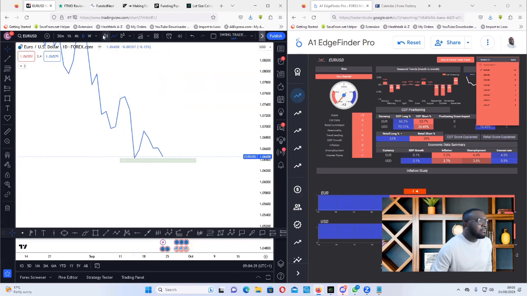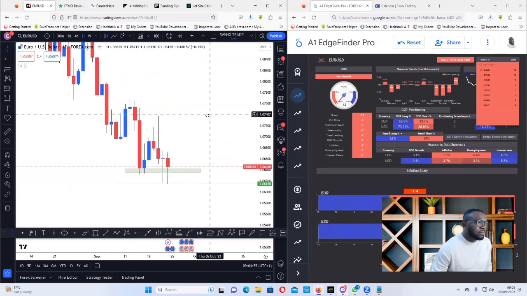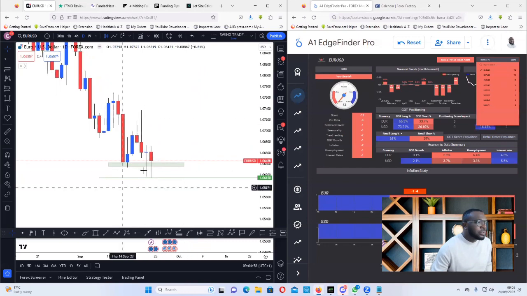So again, that's why I don't normally go with the wick, because most of the time the wick is always a deception. So here, if you use the wick, good, but if you don't trade the wick, I don't. You can use it if you want. There's nothing wrong. Sometimes price also plays around with that.